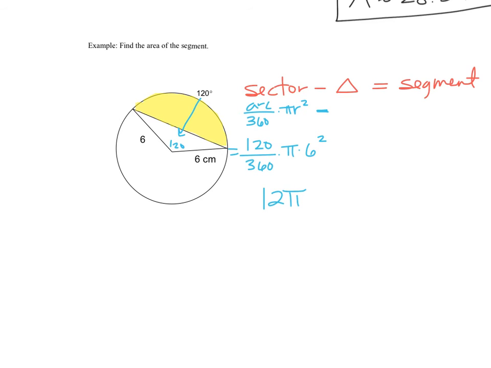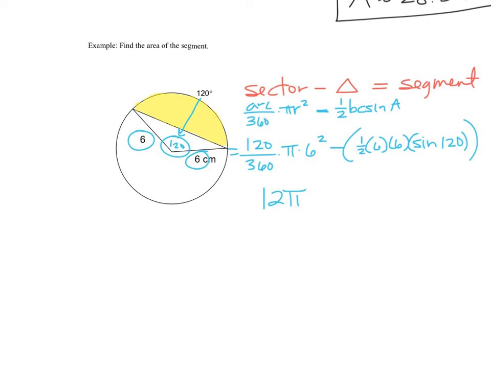Now what type of triangle do you see? It's SAS, okay? So all you have to do here is your formula, 1/2 BC sine A, right? So I'm going to go minus 1/2 times B times C times the sine of 120.